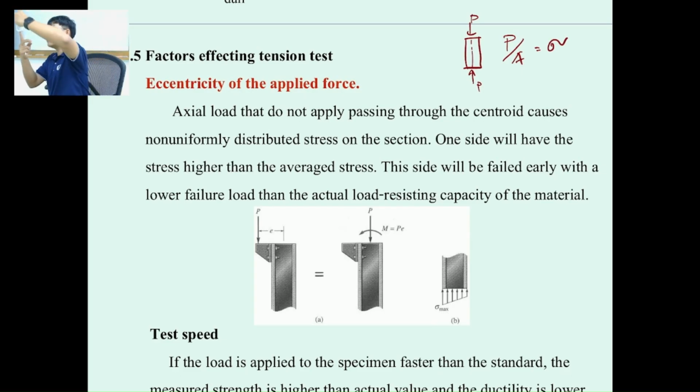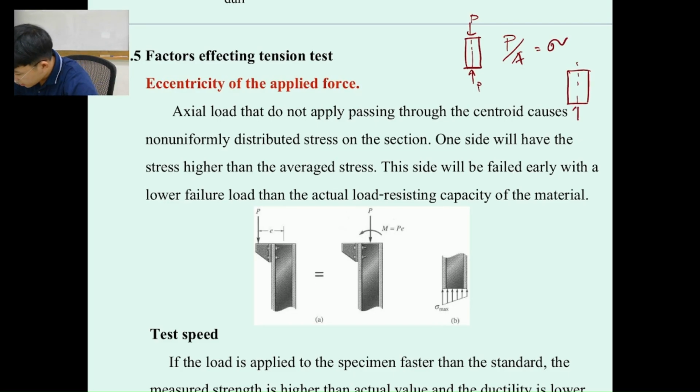But what if I move my hand over here, a little bit off center like this? There will be some overturning. When I put it at the middle, nothing happens, but if I shift my load over here, there will be some moment.